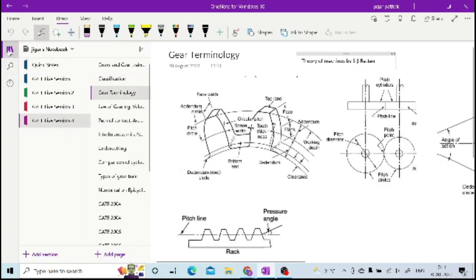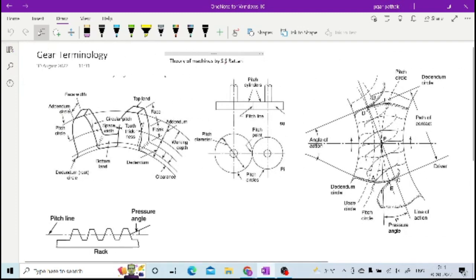Once you know about various types of gear, then gear terminology is also important, and I will not spend much time on this because these are very basic terms you must be knowing. Pitch circle is the imaginary circle which we assume that at every time the pitch circles of both the mating gears are in contact with each other.